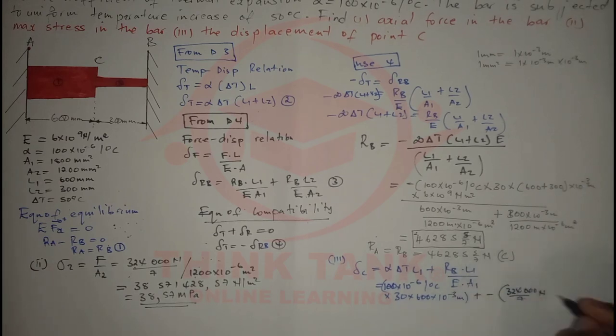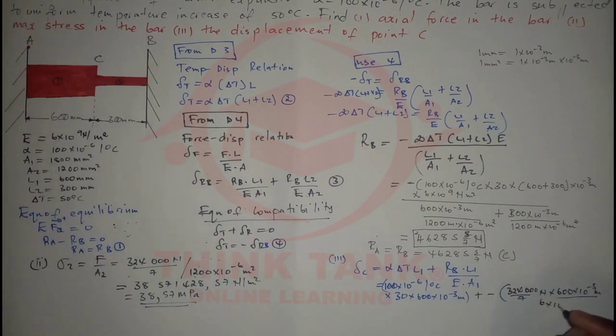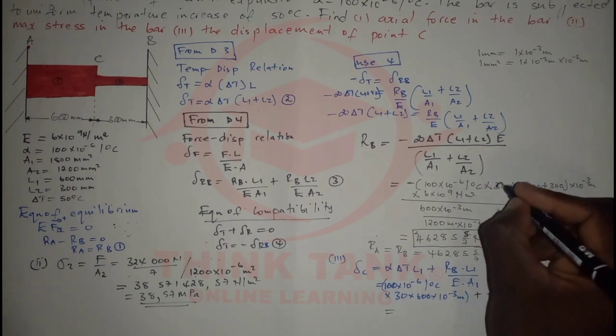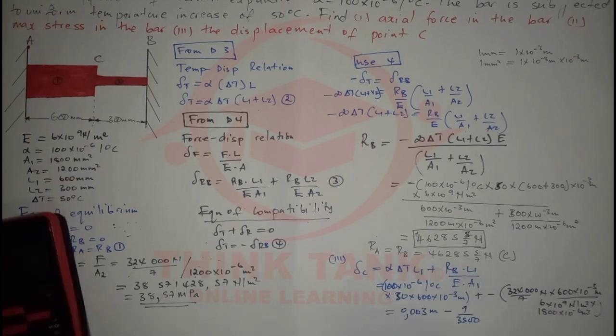Now I'm going to multiply that by the length, which is 600 times 10 to the power negative 3 meters, and divide by E, which is 6 times 10 to the power 9 newtons per meter squared, times the area, which is 1,800 times 10 to the power negative 6 meters squared. The change in temperature is 50, so this should be 50. And the answer here is going to be negative 0.000428 meters.